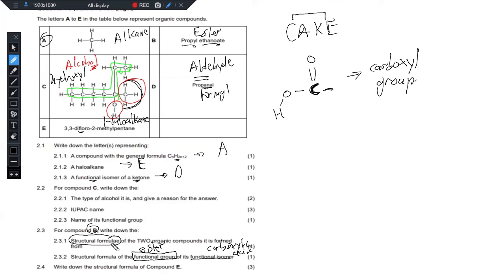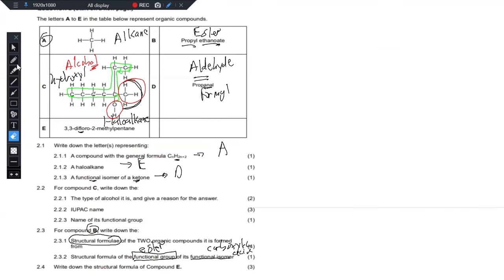So, okay, right. Now write down the structural formula of compound E. Compound E, we know that in order to draw that, we need to first figure out how many carbons we must have there. Pentane on the longest chain, we must have 5 carbons. So 1, 2, 3, 4, 5.